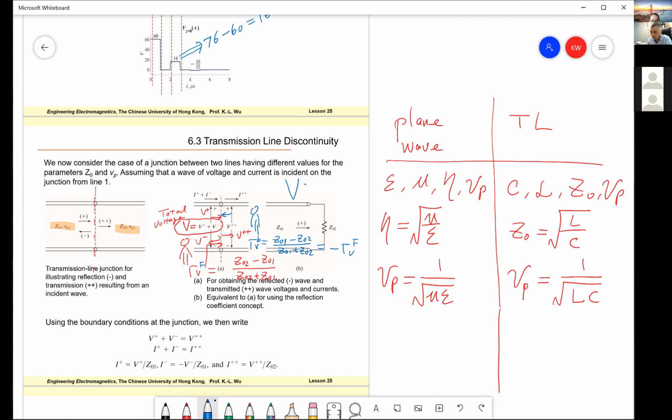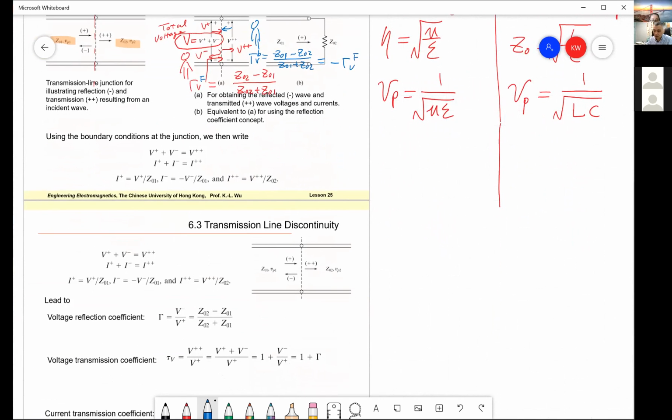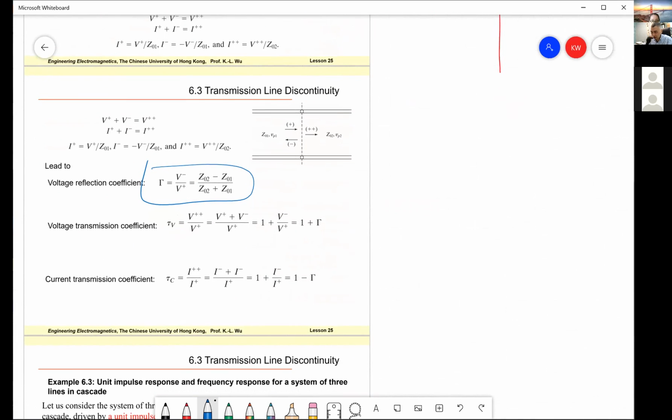So the reflection coefficient depends on where you view it, what direction you view it. Without further ado, I don't derive this. We can find the reflection coefficient when you stand in transmission line 1. Similarly, the transmission coefficient is related to the reflection coefficient as 1 plus the reflection coefficient.